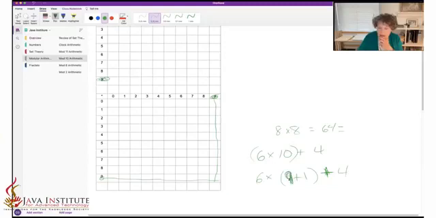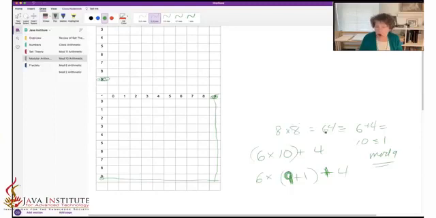Nine in mod 9 is 0. So 64 is 6 plus 4, or 10, or 1 mod 9. We'll review this tomorrow. I'm going to go through it quite quickly right now.